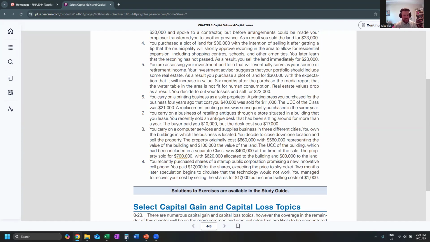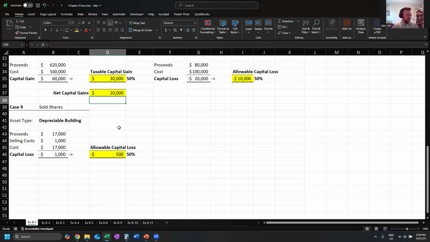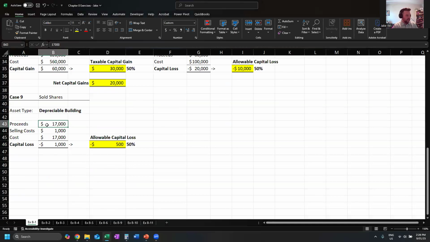So we got 17,000, but we weren't able to keep 17,000. Really, we got $16,000. So that's actually a loss. Total proceeds minus our selling costs minus our actual cost is a capital loss of $1,000. So an allowable capital loss of $500, 50%, is allowed.